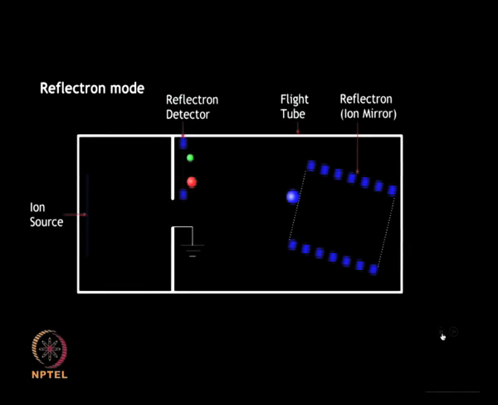So, rather than using very long time of flight tubes, by including the reflectron ion mirrors, we can increase the path length. This helps to even out any kinetic energy differences between ions having the same mass and thereby improves the resolution.